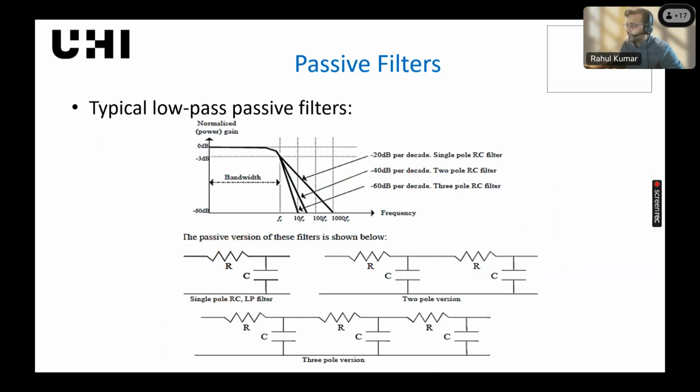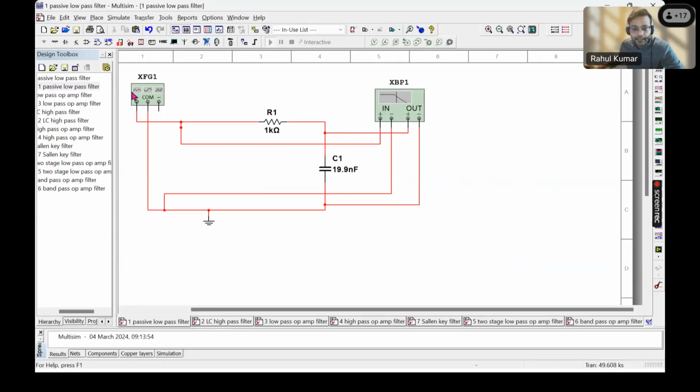So I have this circuit on Multisim, and we can have a look at this. You can see this is your circuit. It consists of a resistor of 1 kilo ohm and a capacitor of 19.9 nanofarads.